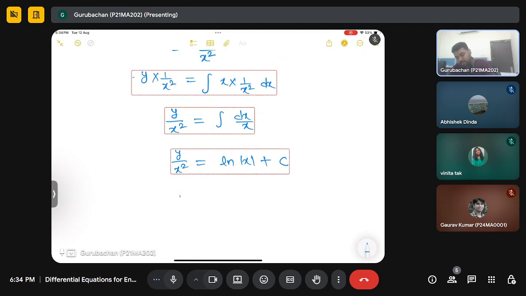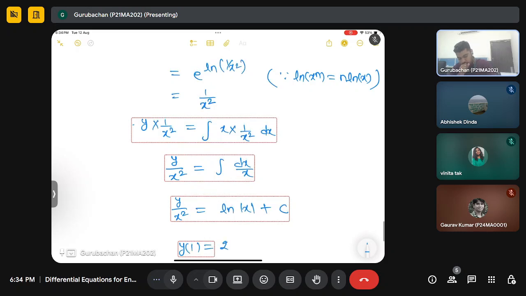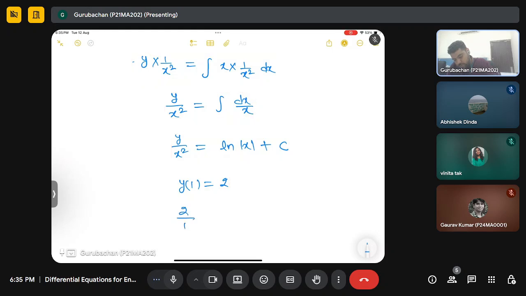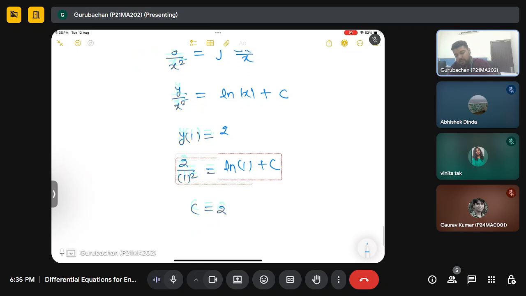Since it is given that y(1) is equal to 2, we put this value in the solution to calculate the value of the constant. So this will give 2 by 1 square equals ln 1 plus c. ln 1 is 0, that means c will be 2.